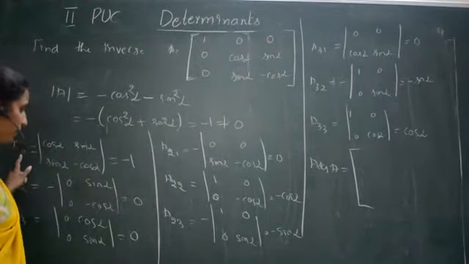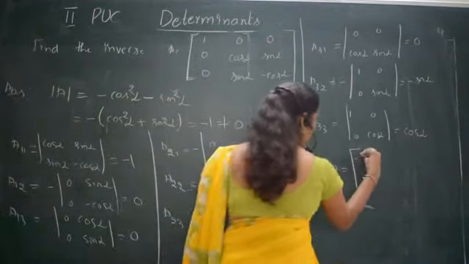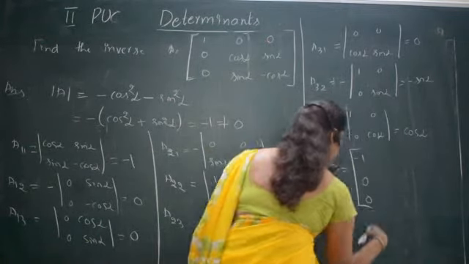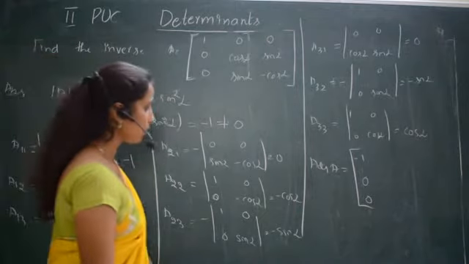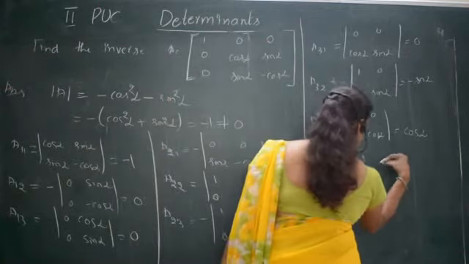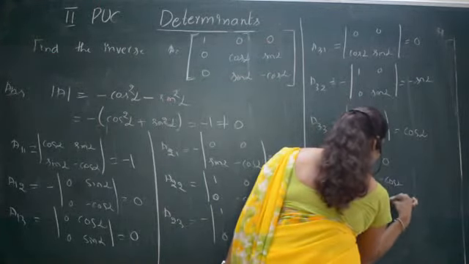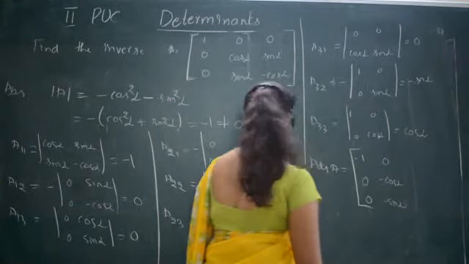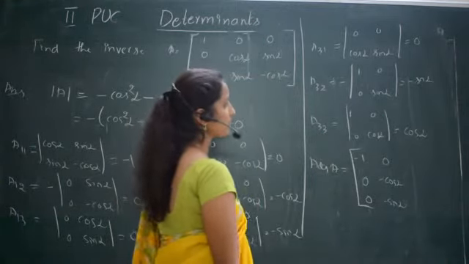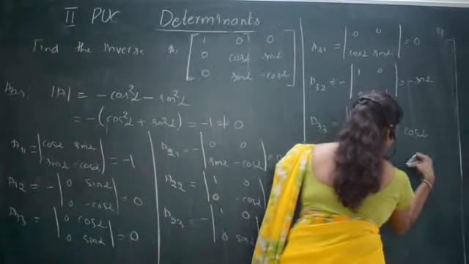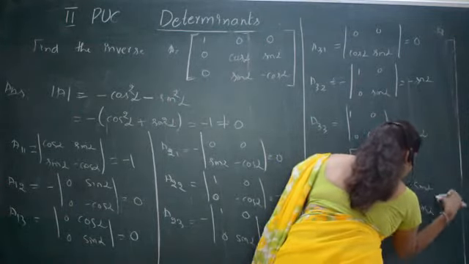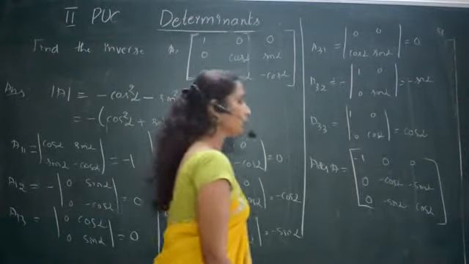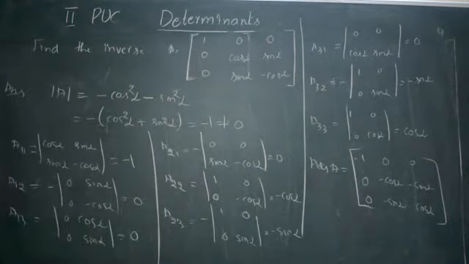So this will be minus 1 0 0, first row becomes first column, then 0 minus cos alpha minus sin alpha, then 0 minus sin alpha cos alpha. So we have calculated adjoint A.